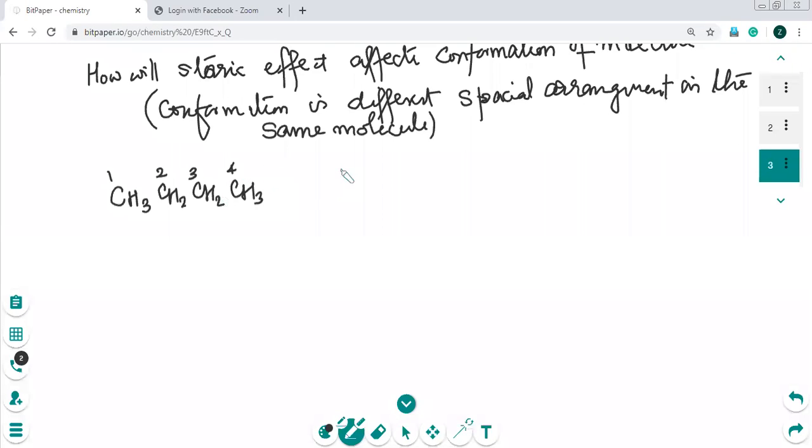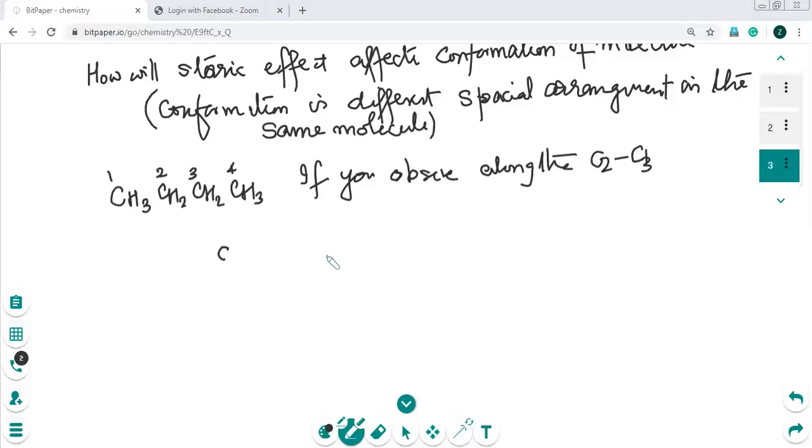If you observe the molecule along the C2, C3 axis, that means you have C2 here. I will draw the two carbon atoms. This is C2, this is C3.